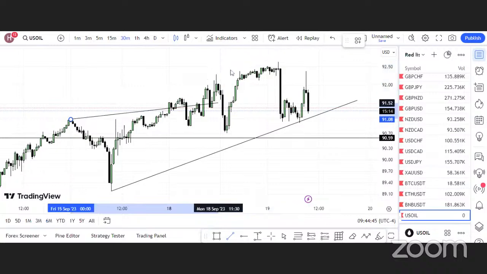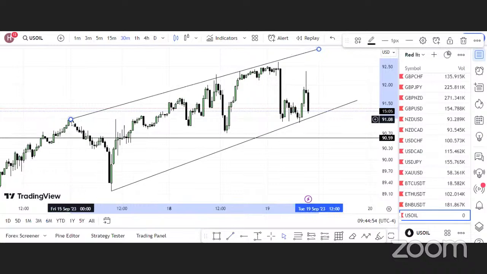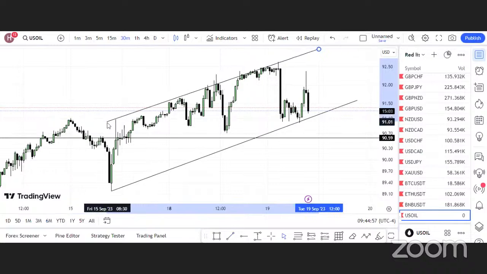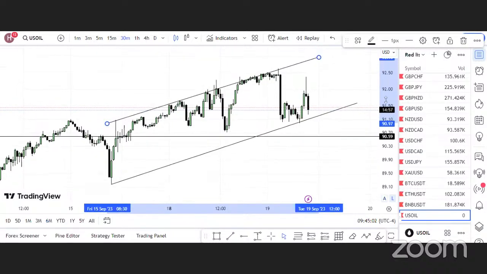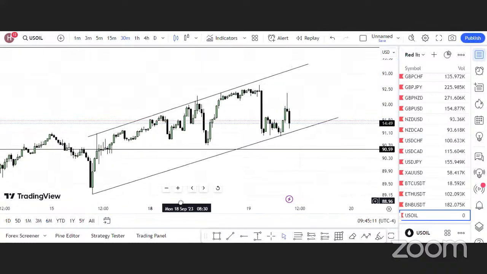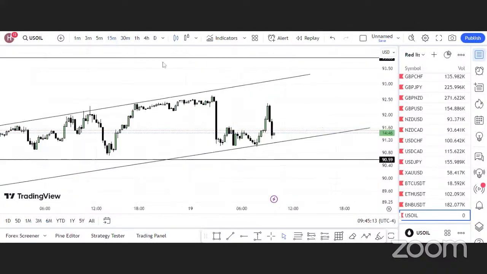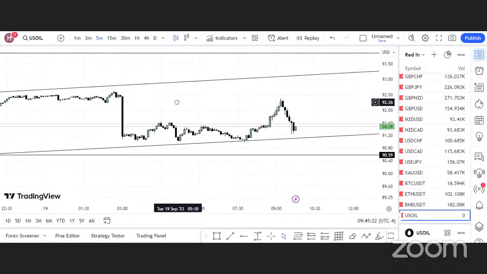What is the market doing? The market is going up. So let's draw a channel that is going to connect the uptrend movement together. So this is my analysis for US oil.